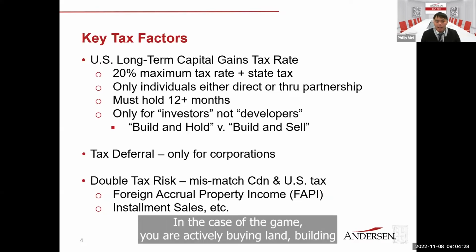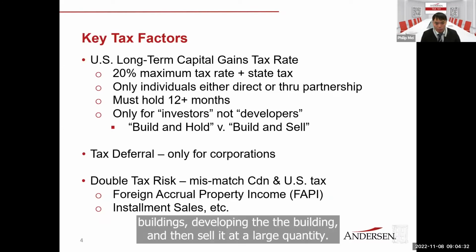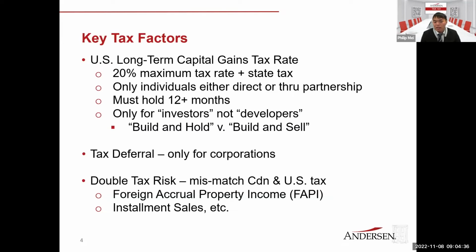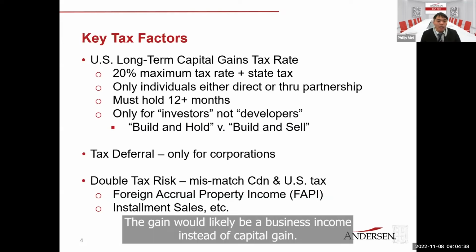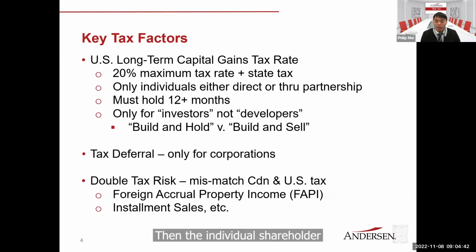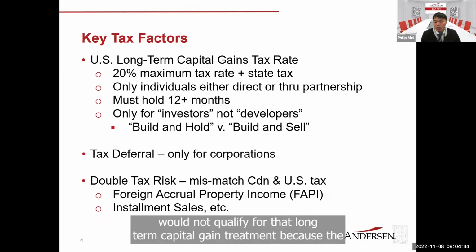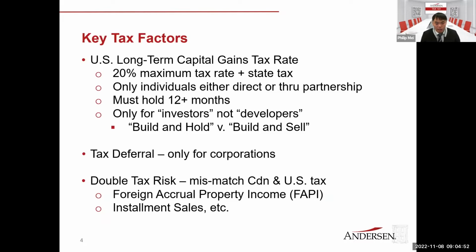In the case that you are actively buying land, building buildings, developing them and then selling them in large quantity, the gain would likely be business income instead of capital gain. Then the individual shareholder would not qualify for the long-term capital gain treatment, because the business profit is considered business income. It's just taxed regularly.